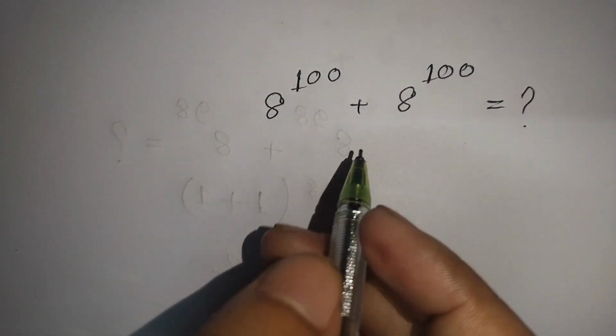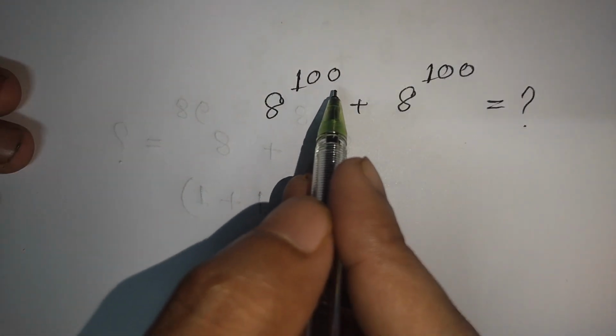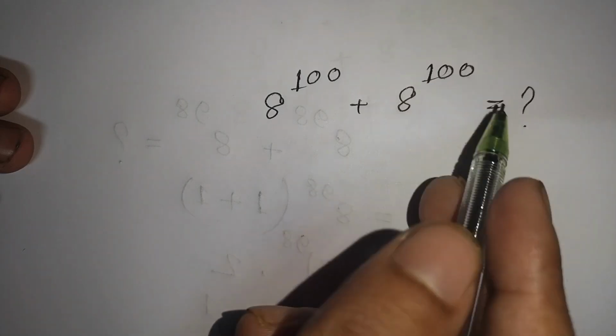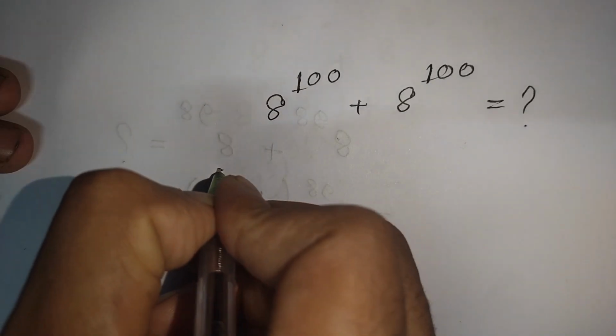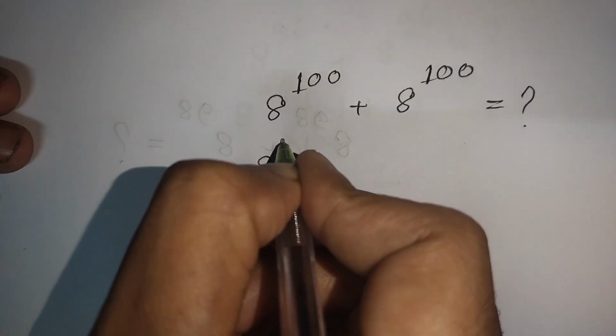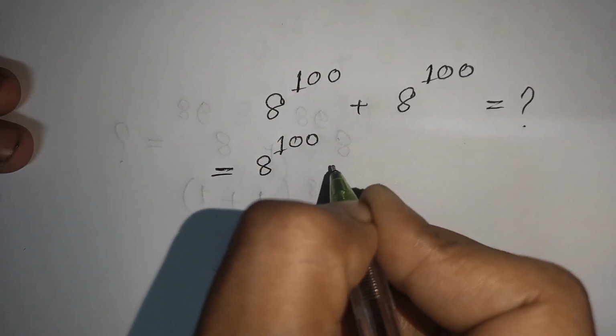How to solve 8 to the power 100 plus 8 to the power 100 is equal to what? At first we take 8^100 common.